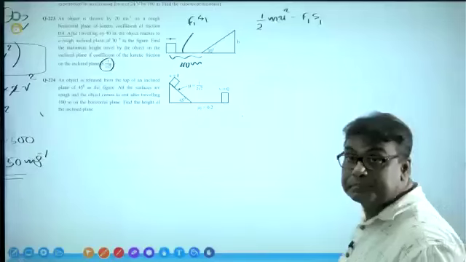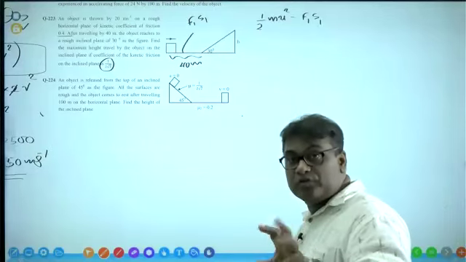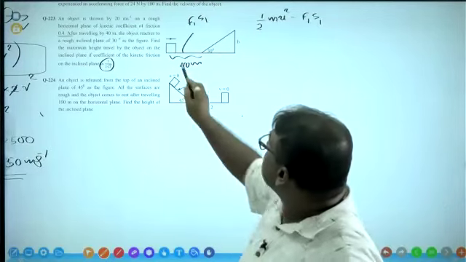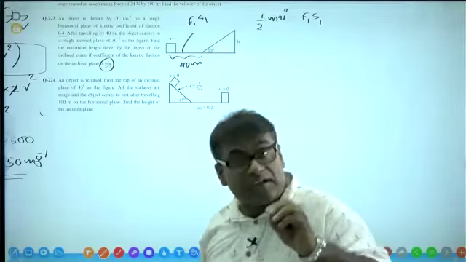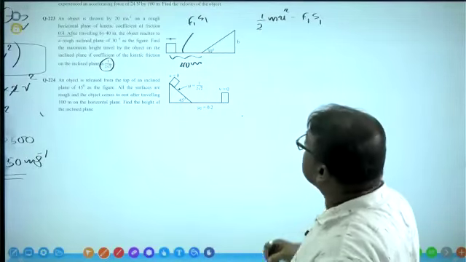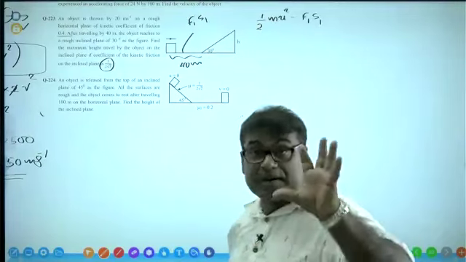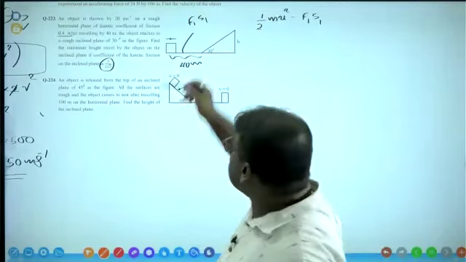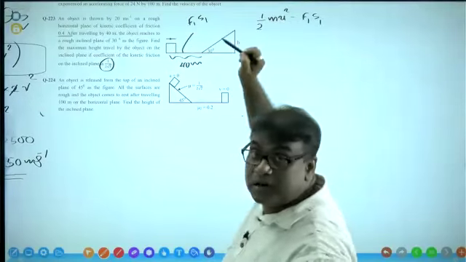F1 S1, clear. F1 is the frictional force. S1 is the displacement covered by the object under that frictional force, 40 meters, clear? Another part comes from the mechanical energy. The initial mechanical energy is this one.